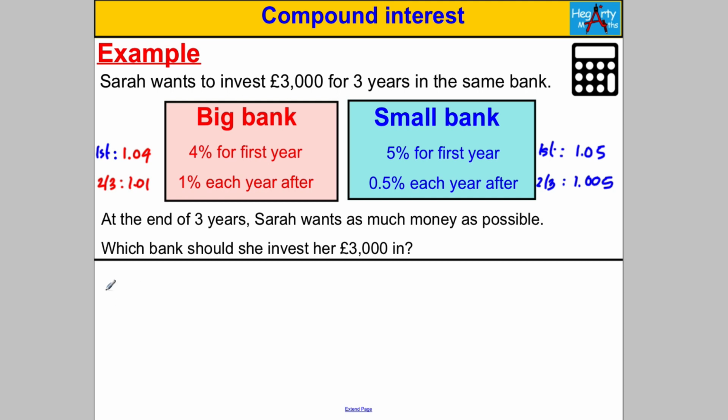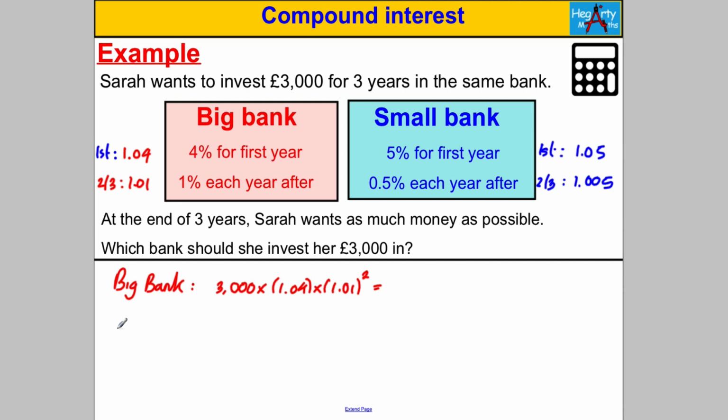So let's compare the two. Let's write how much you'll have in the big bank. So make sure you label it up. Big bank, she will have £3,000 multiplied by 1.04 for the first year, multiplied by 1.01 squared, because there's 2 more years for each of the 2 other years, and that will give us our amount.